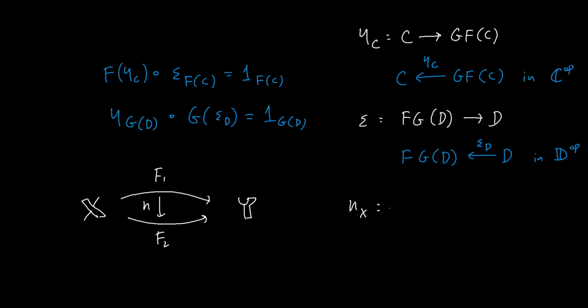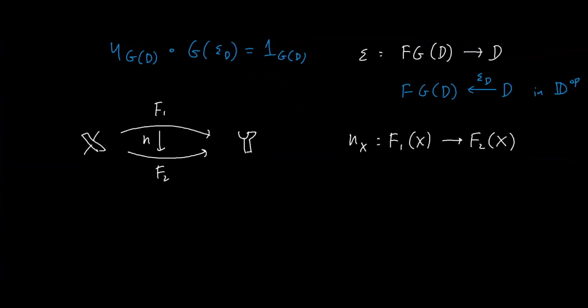For every object X, I have an arrow from F1 of X to F2 of X. And I also have a condition that if I have an arrow F from X1 to X2, then I have F1 of X1 going down to F1 of X2, which is F1 of the F arrow.